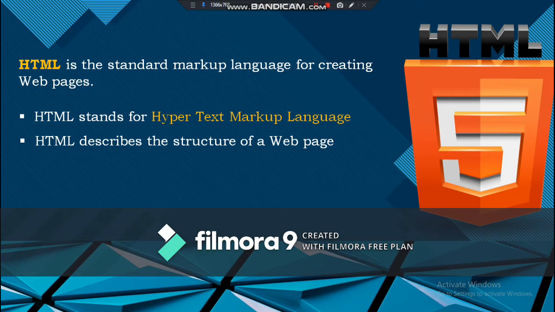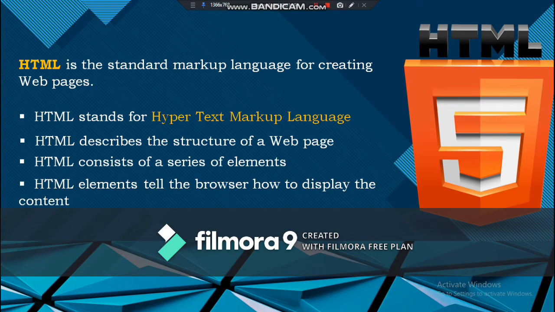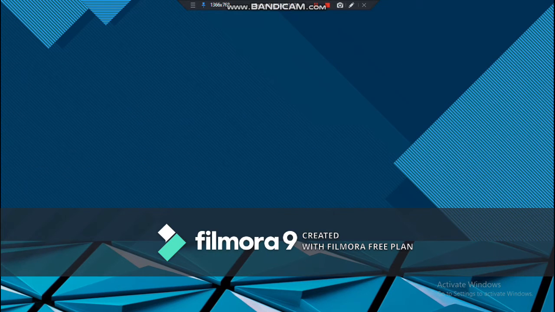So that's a customized web page. HTML consists of a series of elements. Later on, we will encounter a variety of elements, so make sure to remember them. HTML elements tell the browser how to display the content.